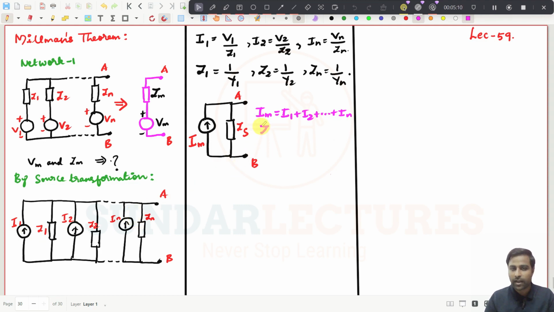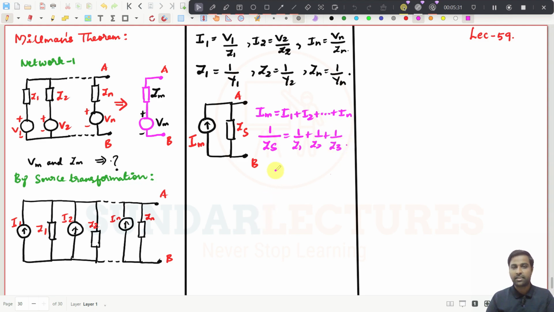And if I want to find ZS, then since it is connected in parallel, I will write 1 by ZS equal to 1 by Z1 plus 1 by Z2 plus 1 by Z3.